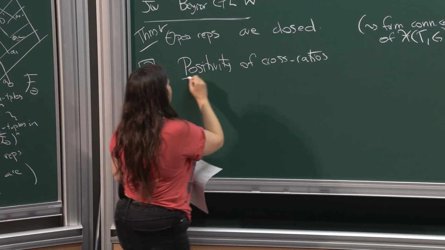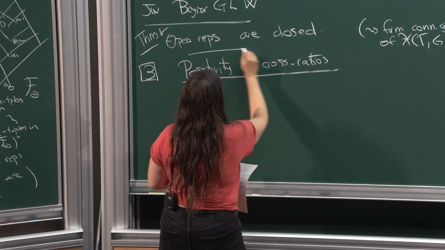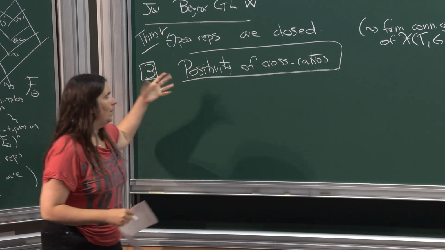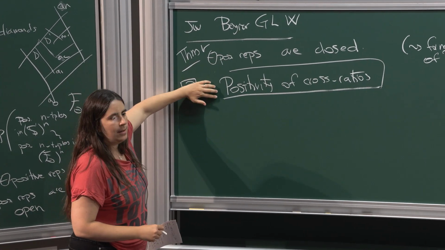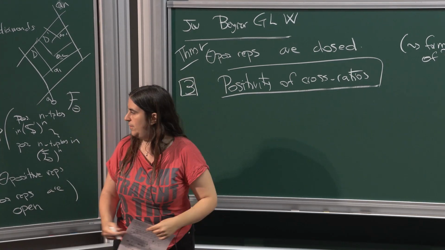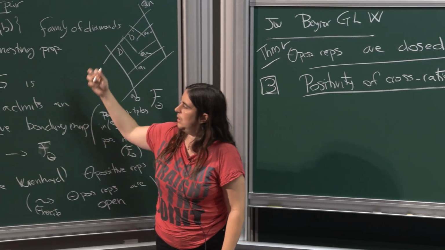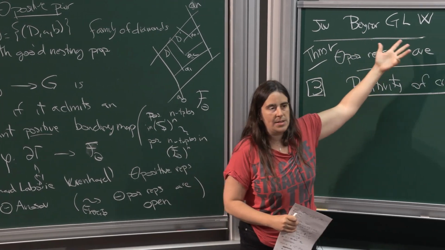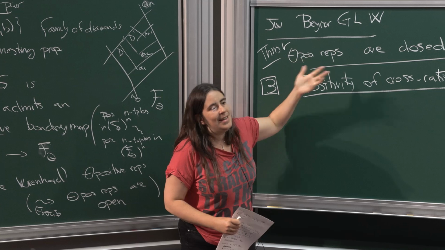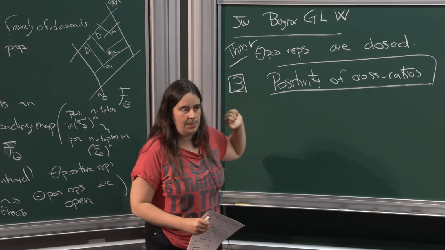It will take me a few minutes before I can state it properly, but this is the first geometric property of theta positive representations that we prove, which will eventually lead to closeness. But I find these, in a sense, more interesting than closeness itself.